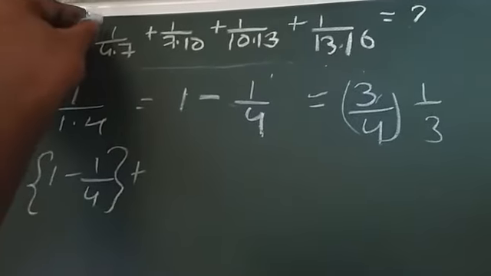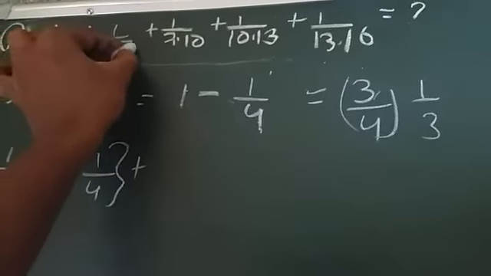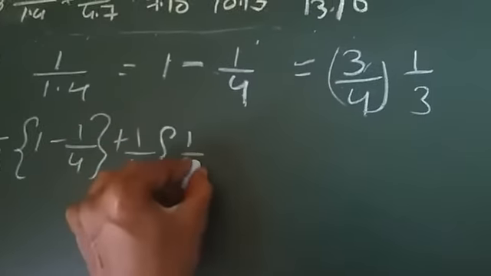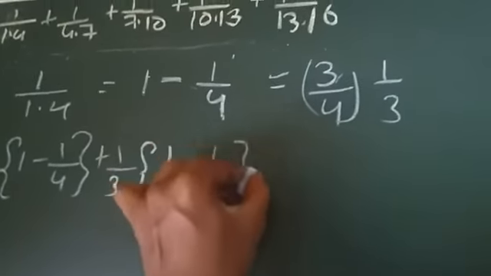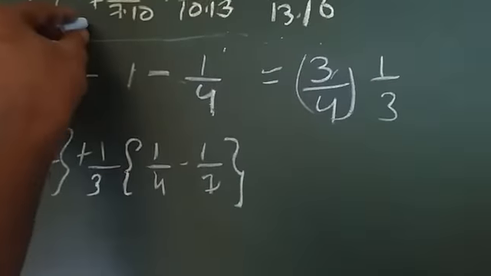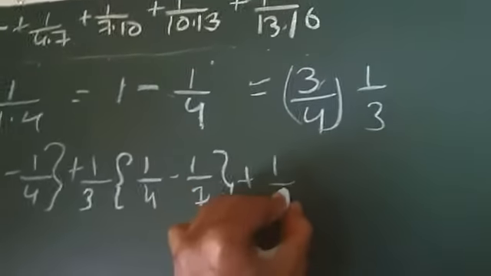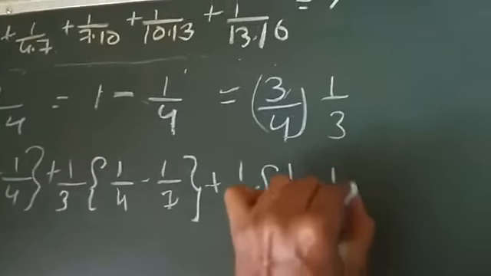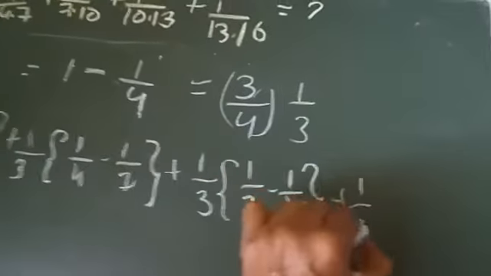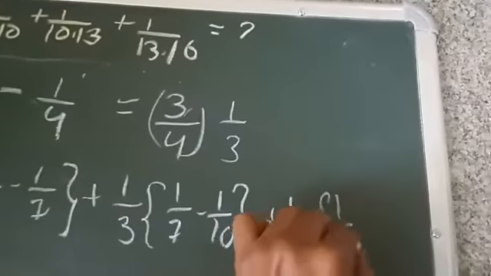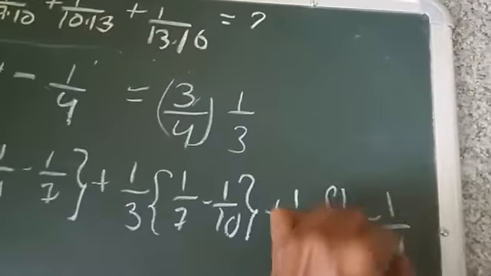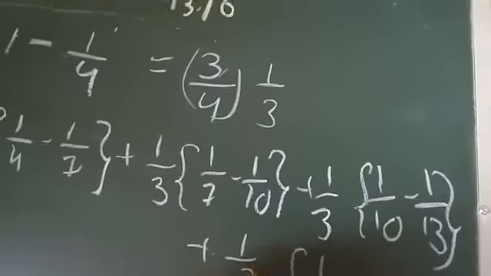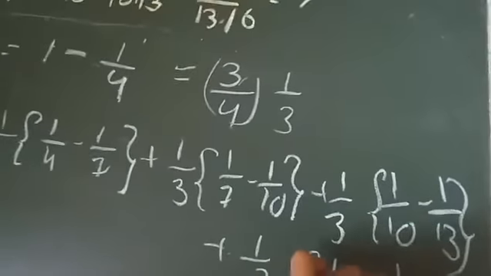So replace the next term 1 by 4 into 7 as 1 by 3 into 1 by 4 minus 1 by 7. You will get the same thing, 1 by 4 into 7. Like that, replace all the terms as 1 by 3 into 1 by 7 minus 1 by 10, and 1 by 3 into 1 by 10 minus 1 by 13, plus 1 by 3 into 1 by 13 minus 1 by 16.